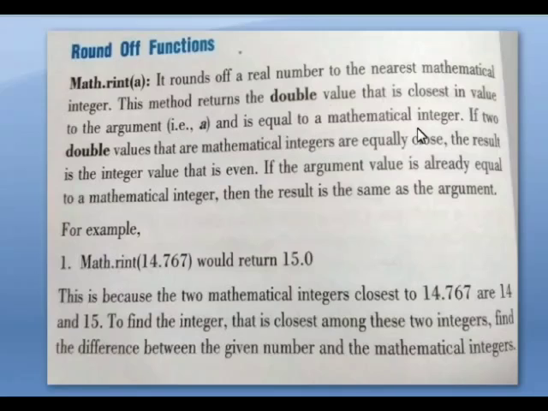So, for example, Math.rint of 14.7, it will return the output as 15.0 because the number after the point is greater than 5. Okay, so it will round the value as 15.